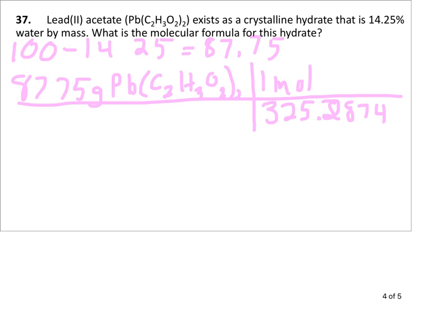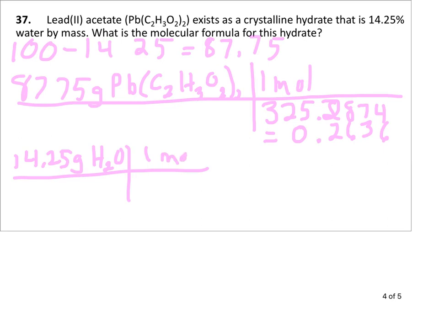Do our division and we get 0.2636. Then we had 14.25% of the water, so 14.25 grams of water. And we get to use the same molar mass there again, which was the 18.01. 0.148 grams.